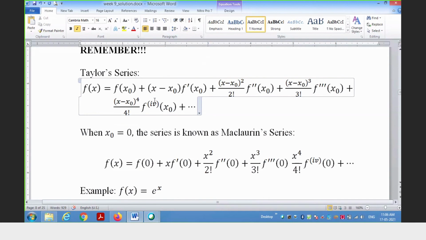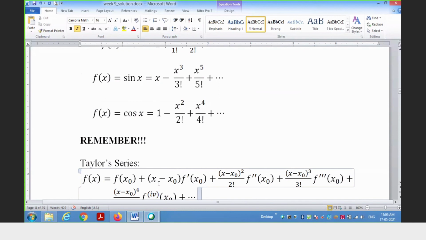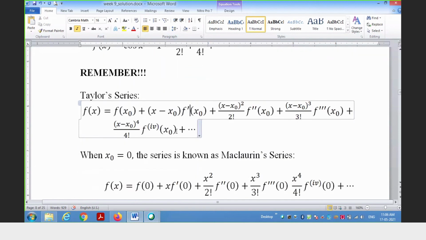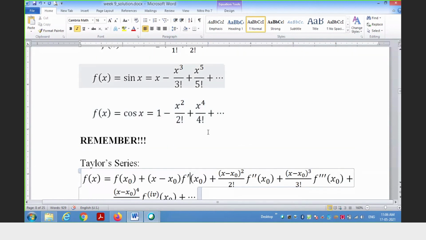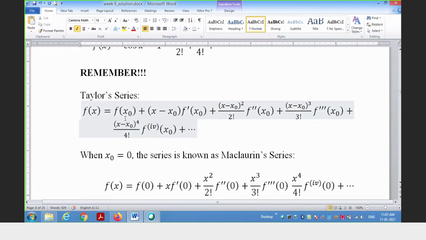When you replace x with 0, it equals 1 here. And that's why you have x times 1, which is x over 1 factorial. Then you replace f double prime, that means e to the x, with 0, we have 1. 1 times x minus 0 squared, you have x squared over 2 factorial. And that's why you have this term here. You get this by using Taylor series.